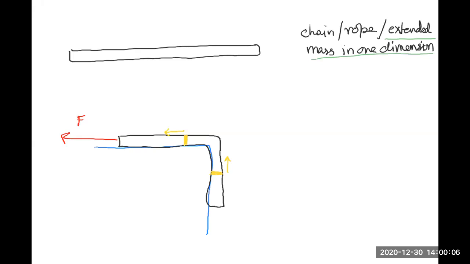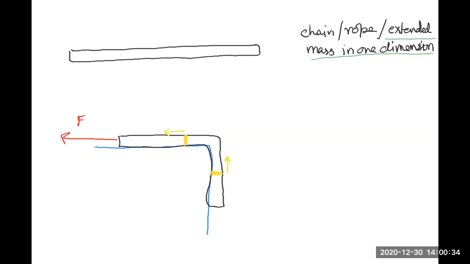That is what is a chain and a rope. So we are moving from point particle to distributed mass in 1 dimension. अब अगर आपके सामने ऐसा कोई ऑब्जेक्ट आया, then this is a continuous system.